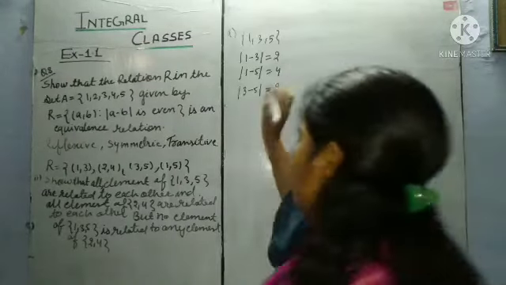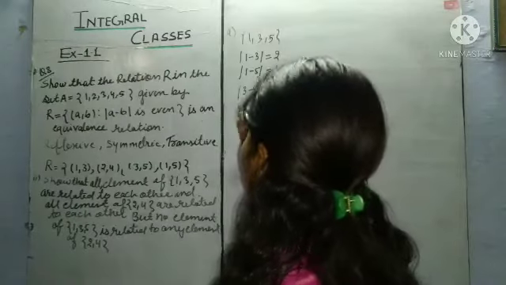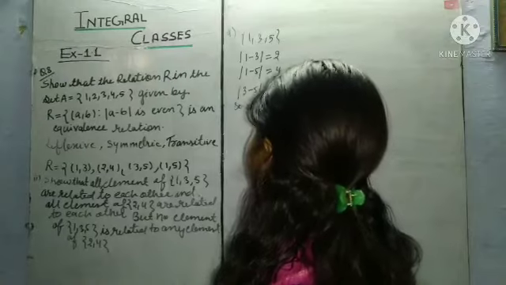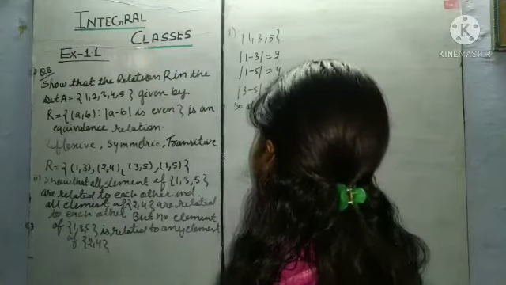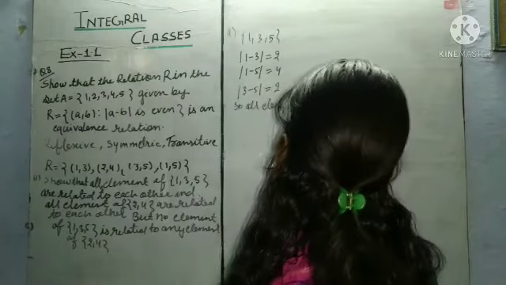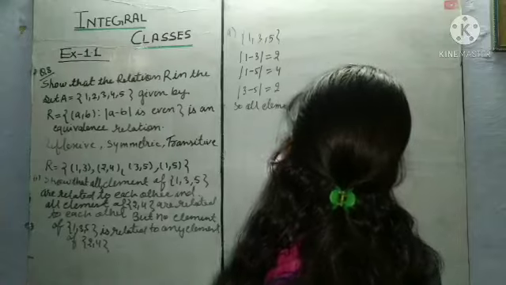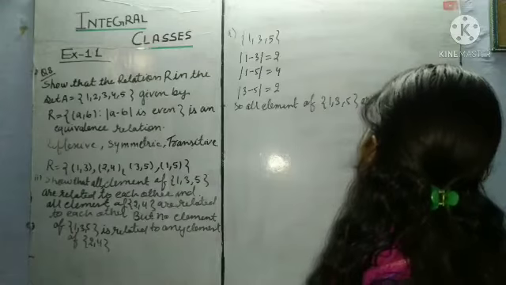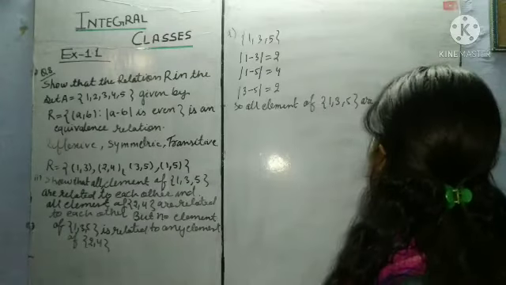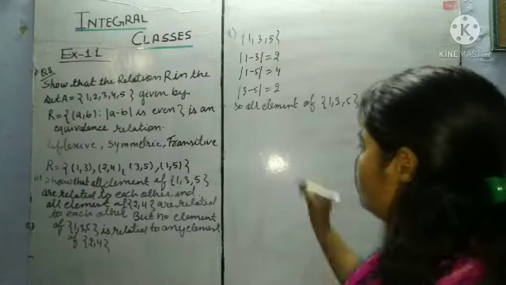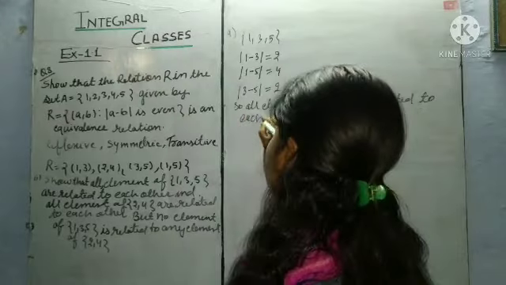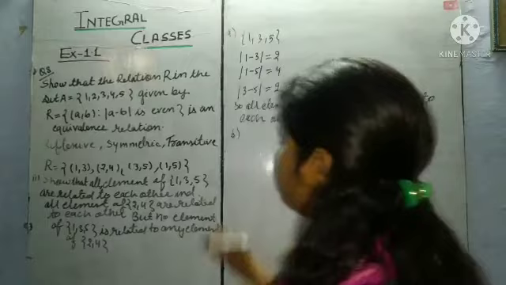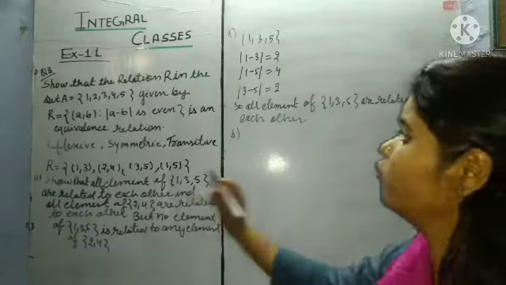So all elements of {1, 3, 5} are related to each other.